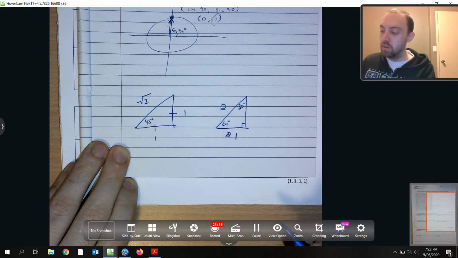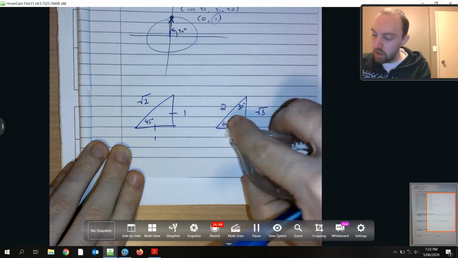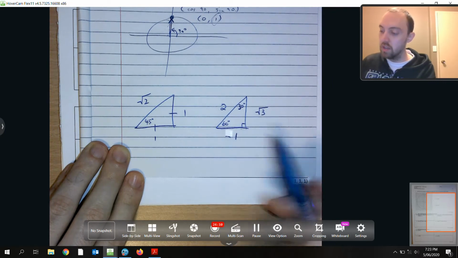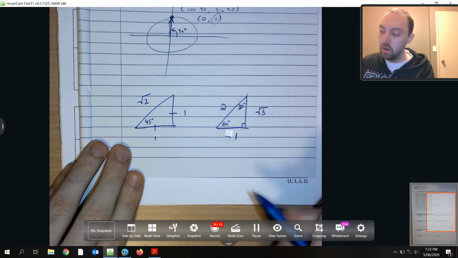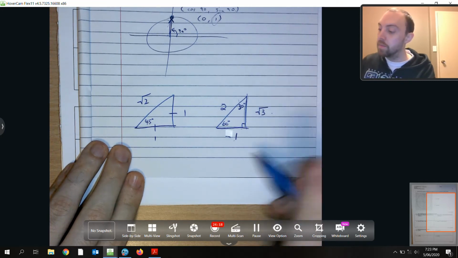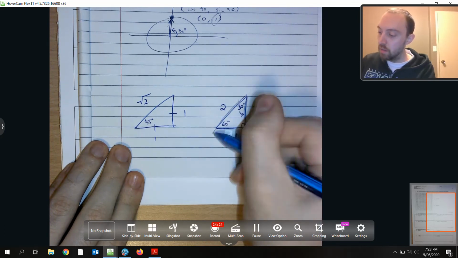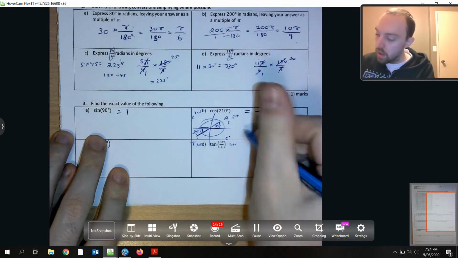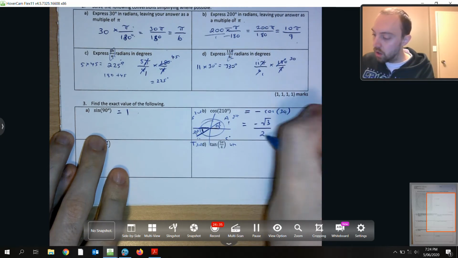Hypotenuse is 2, shorter side is 1, longer side is root 3. Root 3 is a bit bigger than 1, so it has to be the longer side. And then from there, we're thinking about cos of 30, which is adjacent over hypotenuse, so it has to be root 3 on 2.